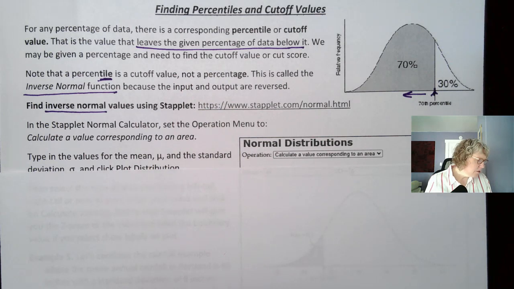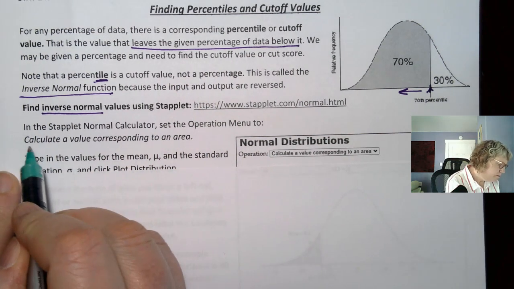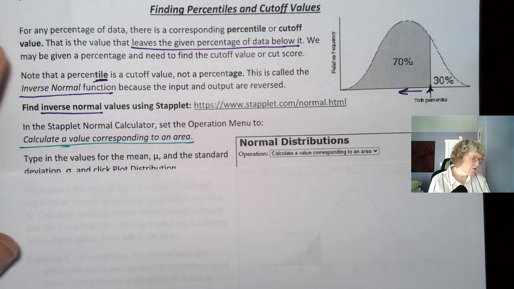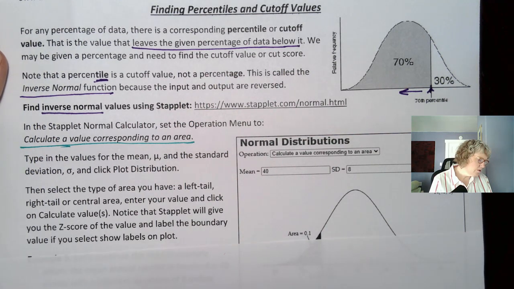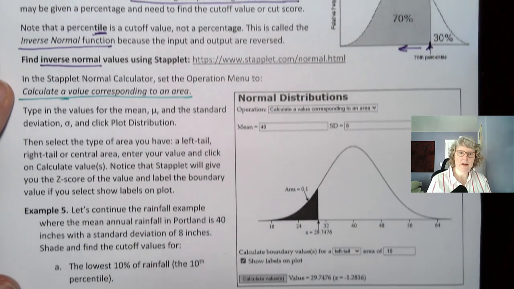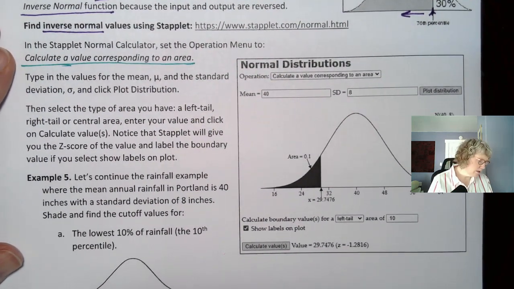In the Statplet normal calculator, we're going to set the operation menu to calculate a value corresponding to an area. It's really similar to what we've been doing. Let's do an example, and we'll come back to the instructions.